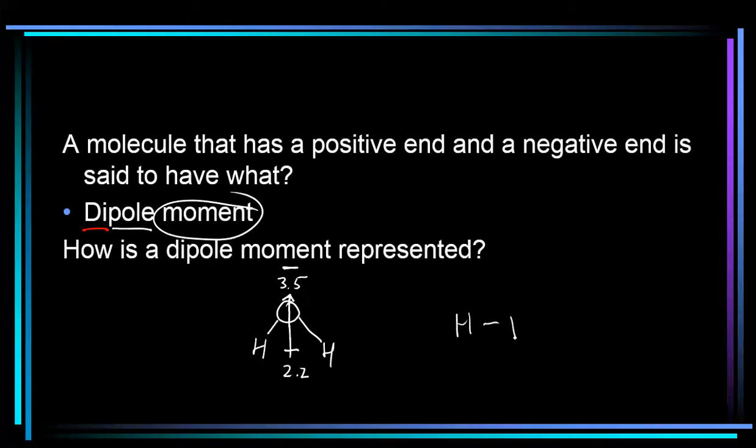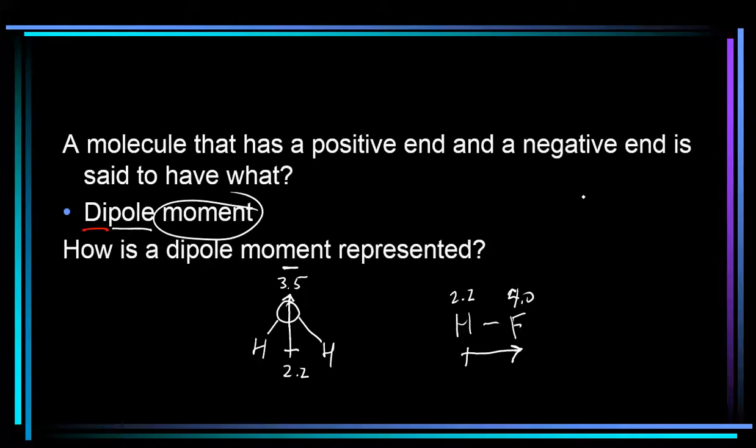Hydrogen and fluorine. Hydrogen is 2.2, fluorine is 4.0. Draw the arrow toward fluorine, put a plus on the end. So that is how you show a dipole moment, with an arrow. There is another way.